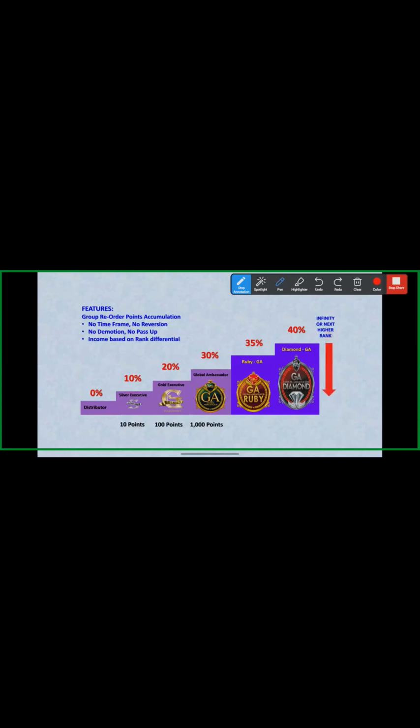Now, the best thing about getting this rank is that it is dependent on your group reorder points accumulation. So for you guys who are part of my team, if you also have a downline here in this session, they also contribute to you getting that rank.